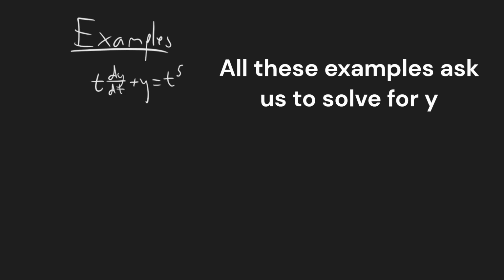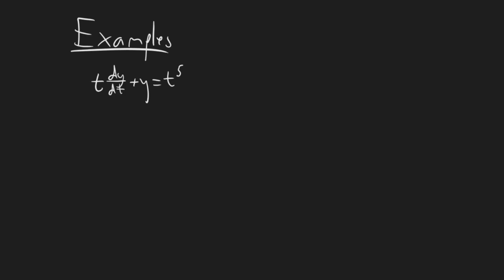So what we notice here is that what we called a of x previously is now a of t, and it's just the polynomial that comes in front of the derivative, and so here that's just t. What we called b of x is just b of t, which is 1, because there's nothing in front of y. What we called c of x, now c of t, is t to the 5th.